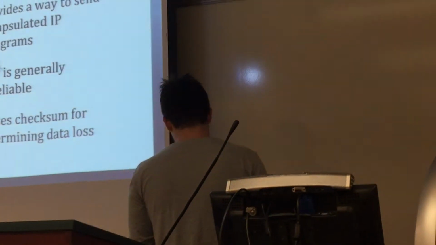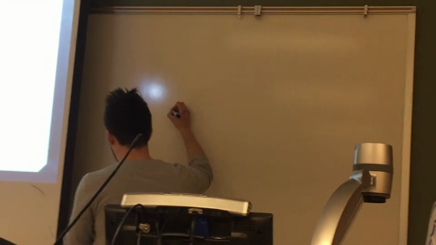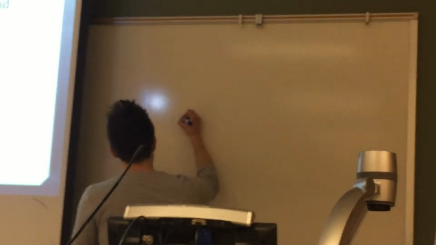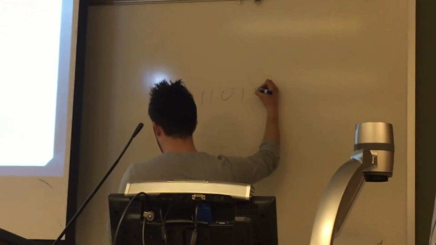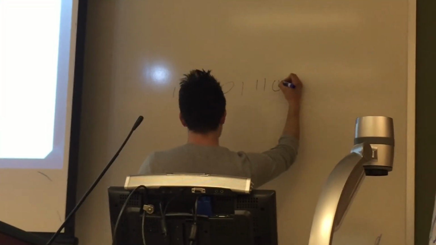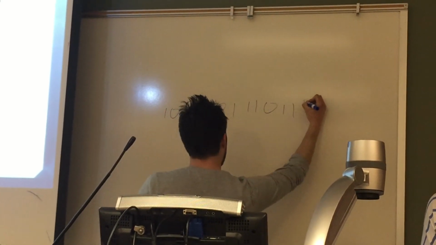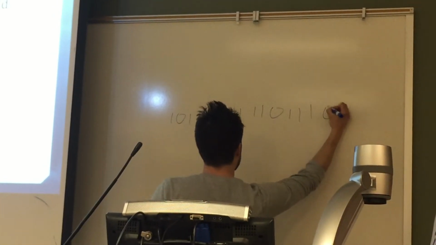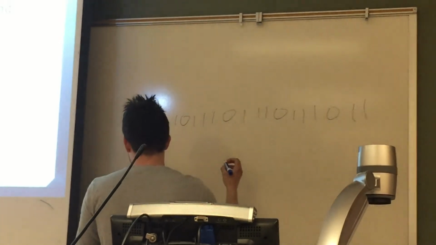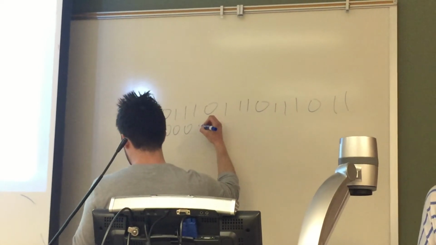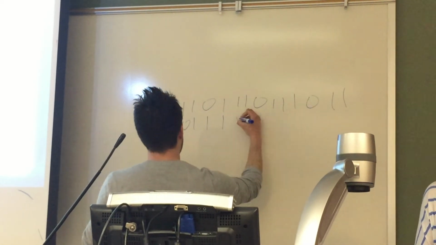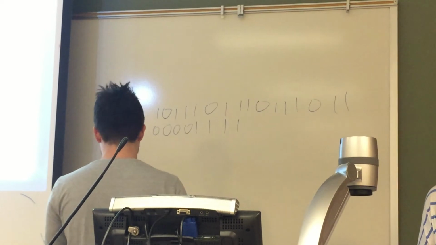Okay, so let's say you got data that's been split down into 1, 0, 1, 1, 0, 1, 1, 0, 1. And you're adding that to 0, 0, 0, 1, 1, 1. Sorry, my handwriting's terrible.